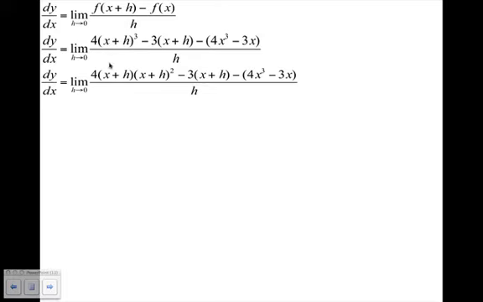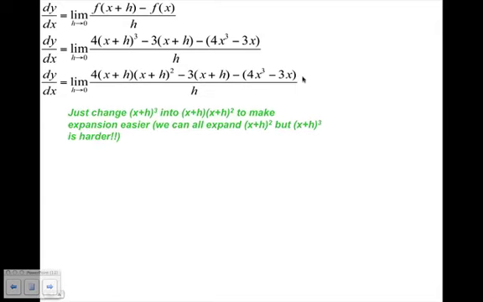Instead, what we do is we just split the x plus h all cubed into x plus h times x plus h all squared. Okay, so that times that gives me that. That just helps us do the working. That's the only thing that I've done to get to that next line.